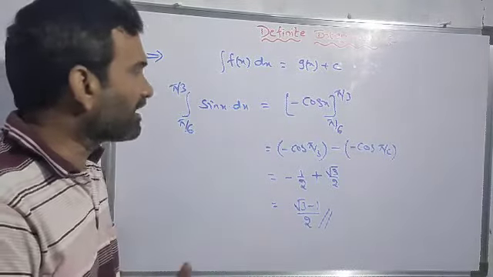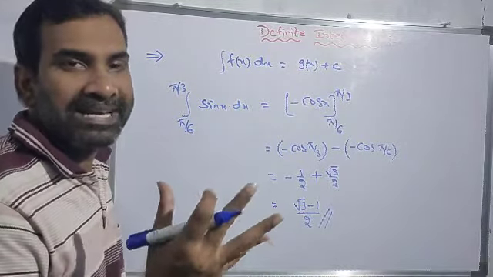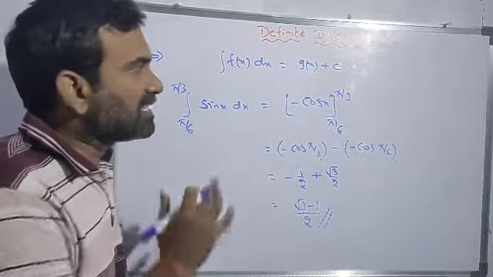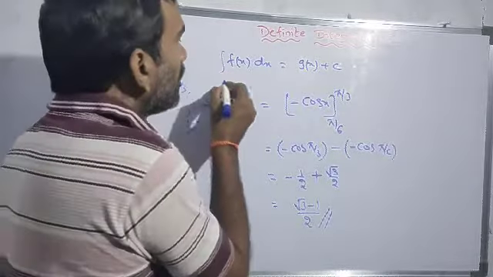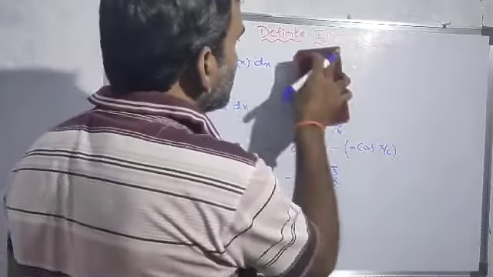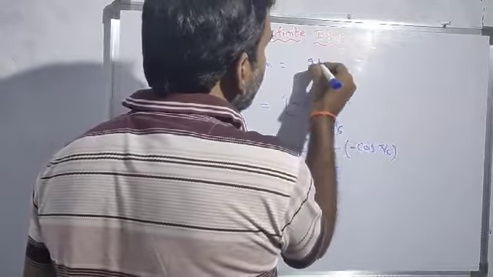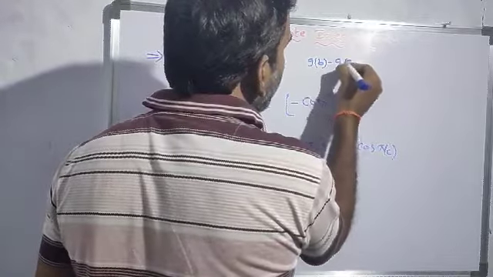I am taking this as an example. For those who have a good idea of integration, this process is very simple. So from a to b, the value is g of b minus g of a.